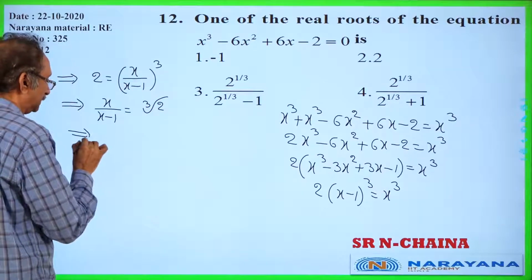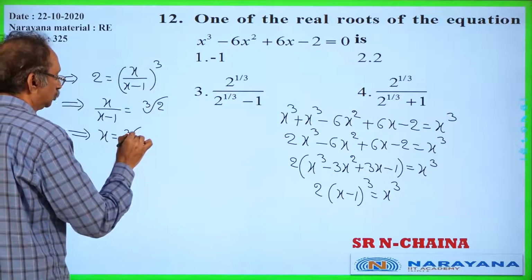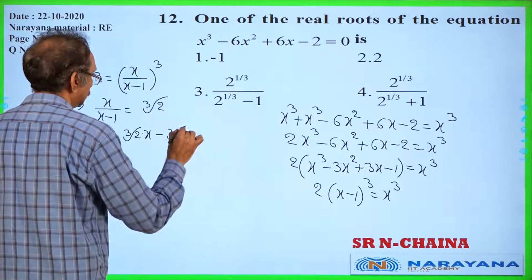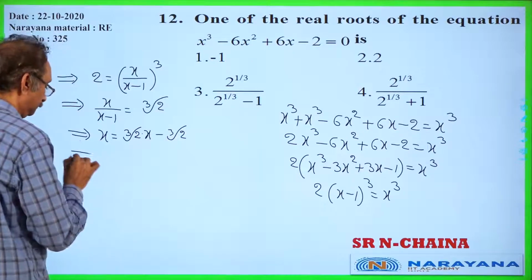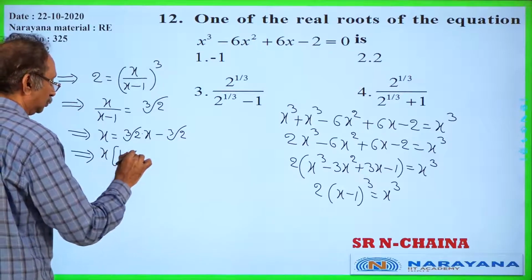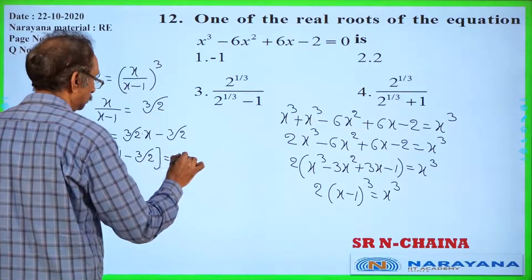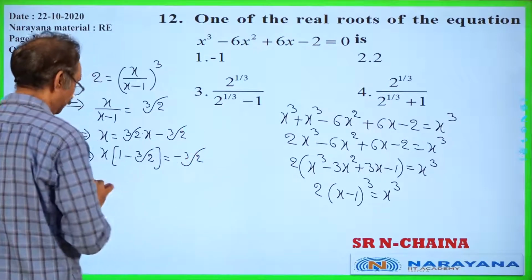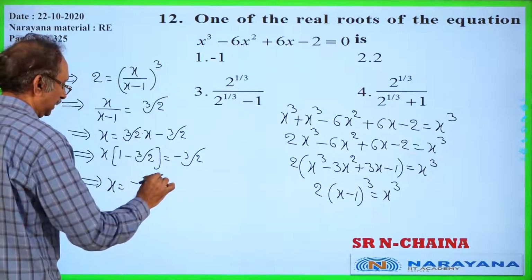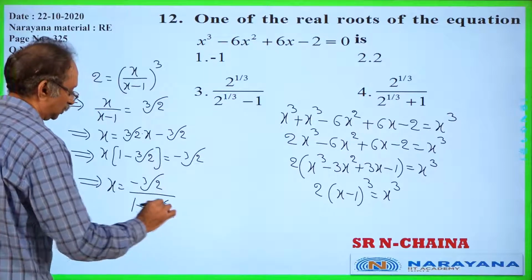So by cross multiplication, x is equal to cube root of 2 into x minus cube root of 2. So that implies x into 1 minus cube root of 2 is equal to minus cube root of 2. So finally x is equal to minus cube root of 2 by 1 minus cube root of 2.